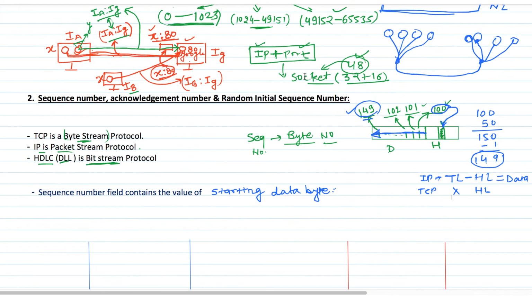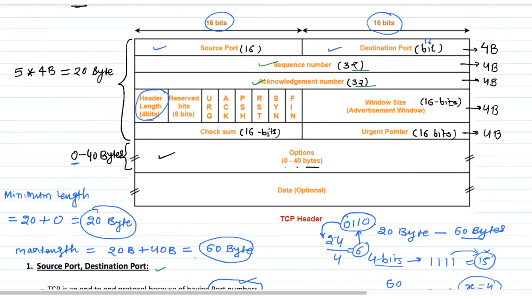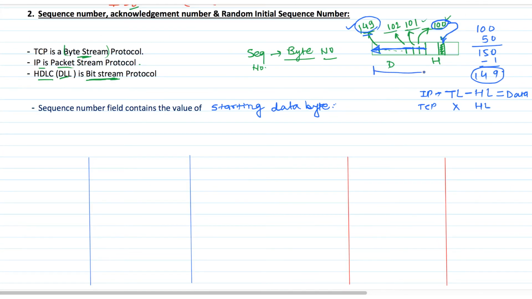If you go and check this header format, you can only see the header length field, but there is no field called total length. So without knowing the total length, that is the length of the complete segment, how is the receiver going to calculate the body length, because it has only the header length field in the format?